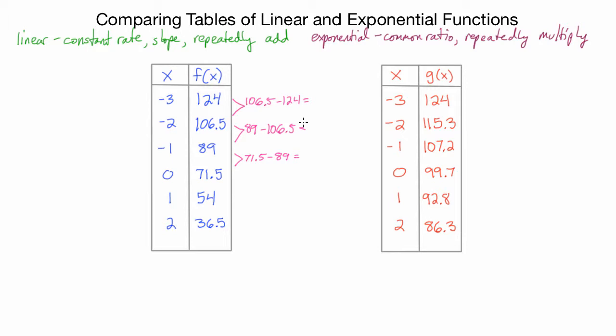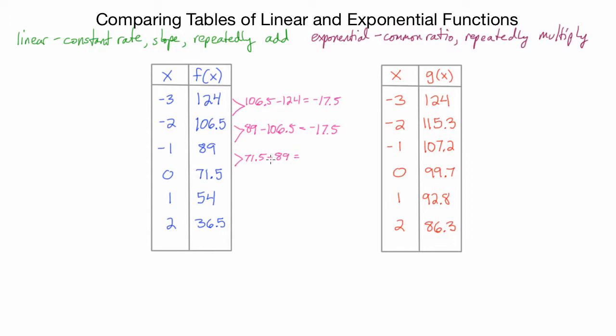So let's go ahead and calculate these out now. 106.5 minus 124 means we had a change of negative 17.5. 89 minus 106.5 is also a change of negative 17.5.